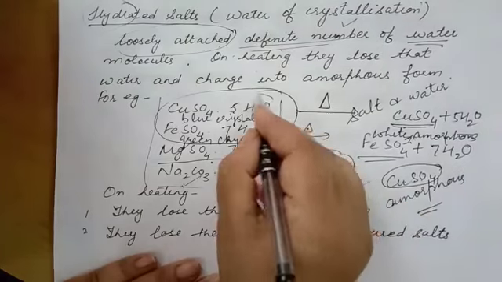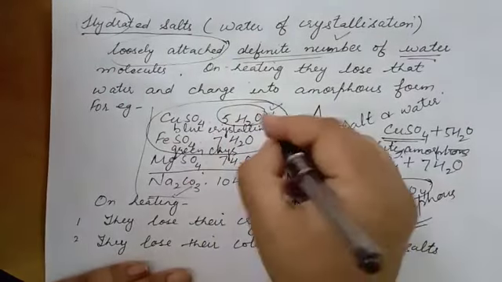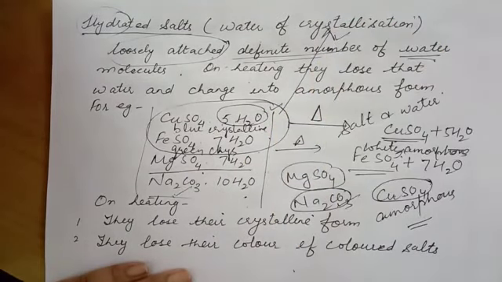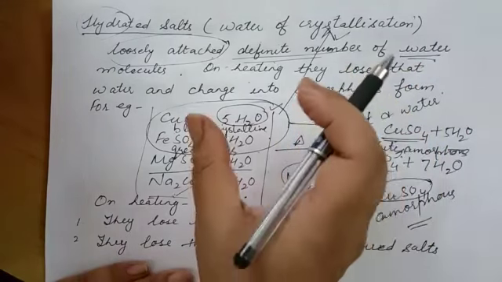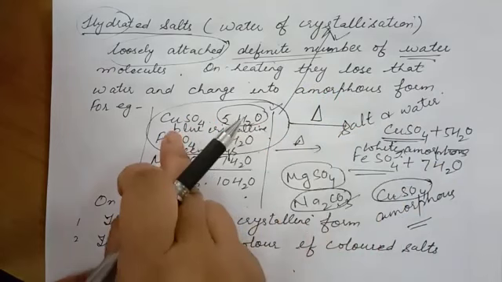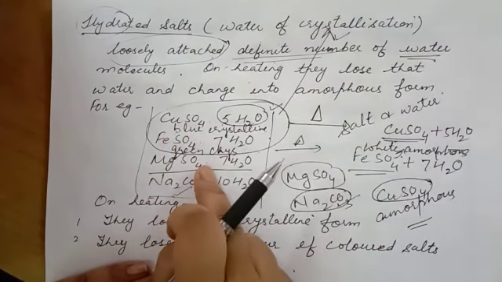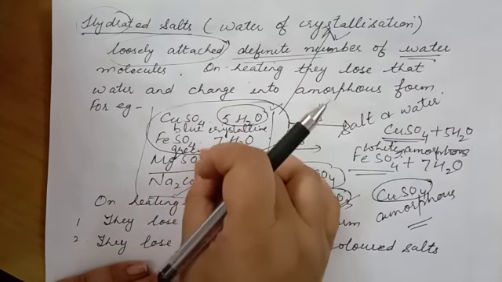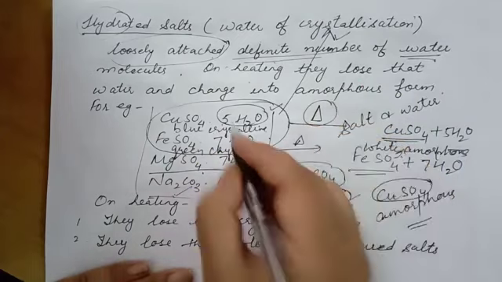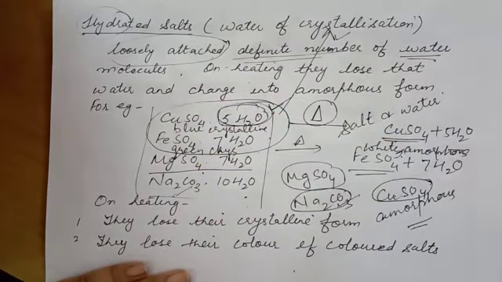Because of presence of this water. That is why this water is known as water of crystallization. So water of crystallization is fixed number of water molecules that are attached to a salt and provide it crystalline form, and that crystalline form changes into amorphous when you heat it. This water of crystallization is going to evaporate. Thank you.